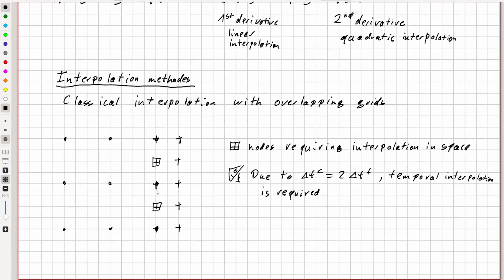And these nodes, obviously, they don't need any interpolation because they exist on both grids, yeah? Which may be a good thing or a bad thing. Let's see.